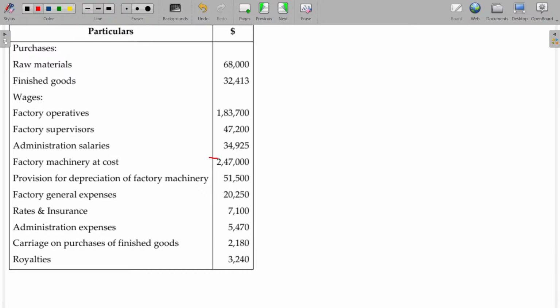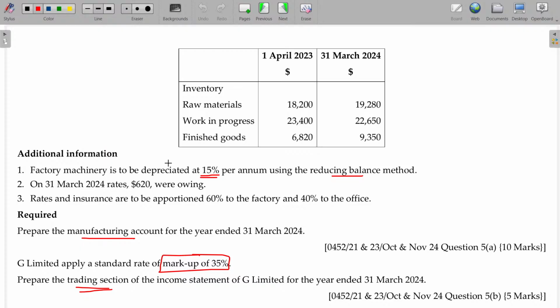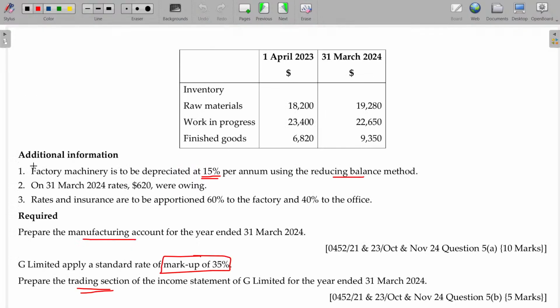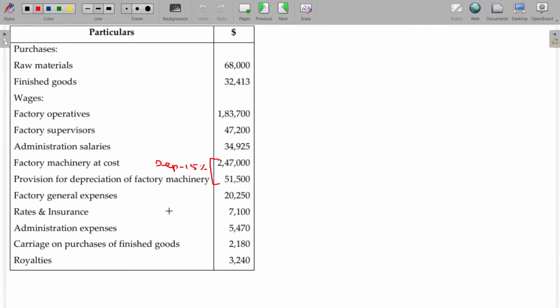Factory machine, on this value you have to calculate at the rate of 15%. Depreciation being 15%. As it is related to the factory, this depreciation will be forming part of the manufacturing account. On 31st March 24, rates $620 were outstanding. So rates 620 will be addable as it is being the outstanding.